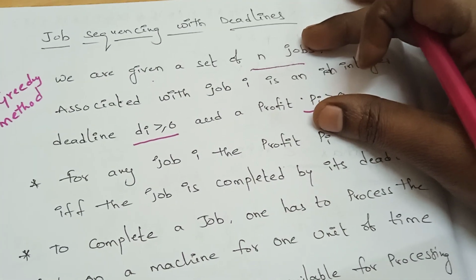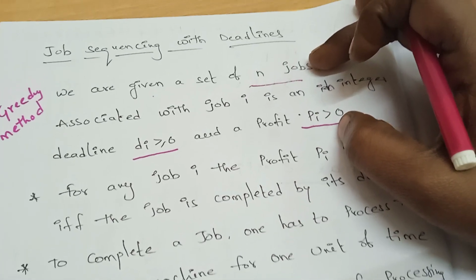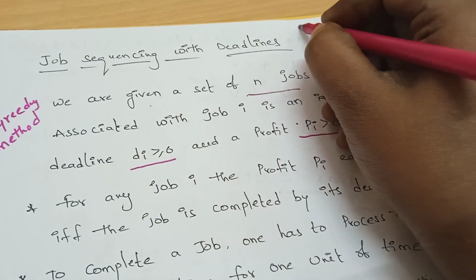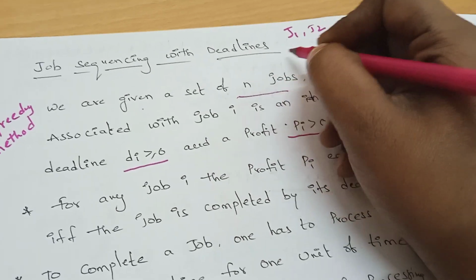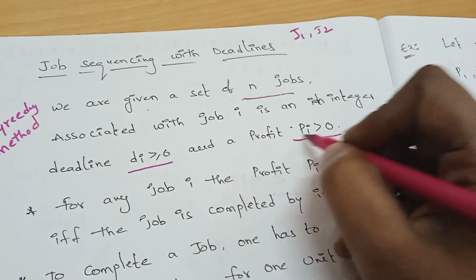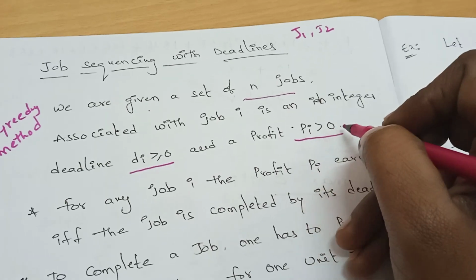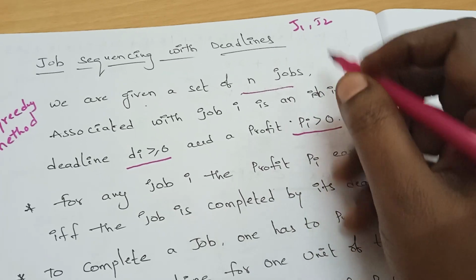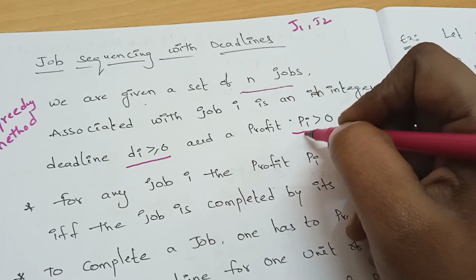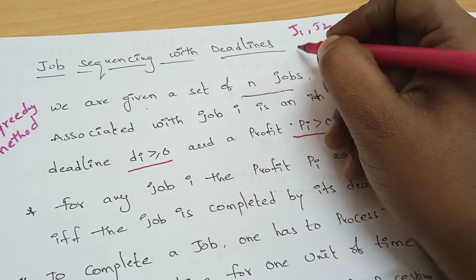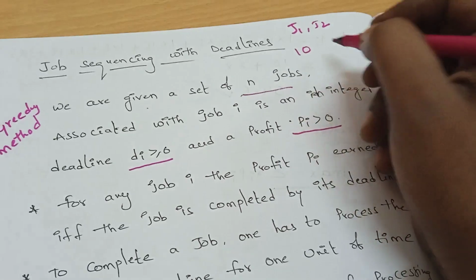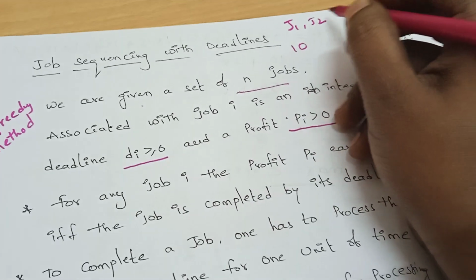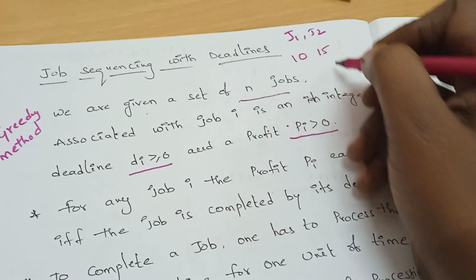From these lines we understand that we will be given jobs, something like J1, J2, and we will be given the profits pi greater than 0. If i is equal to 2, I will have two corresponding profits. Something like if I perform job 1, I'll get 10 rupees as profit. If I perform job 2, I'll get some 15 as the profit.